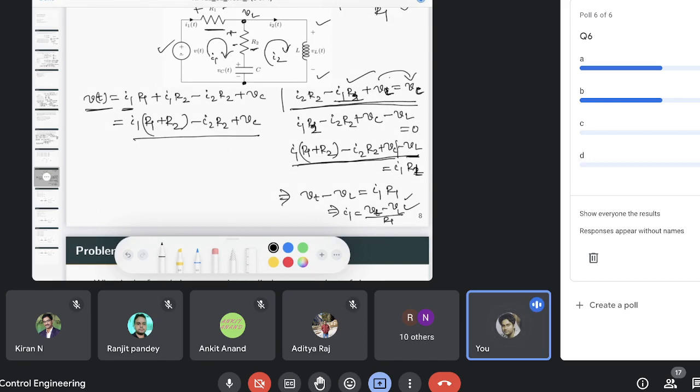So we have I1 equal to (Vt minus VL) by R1, and you substitute this I1 in the Vt expression.